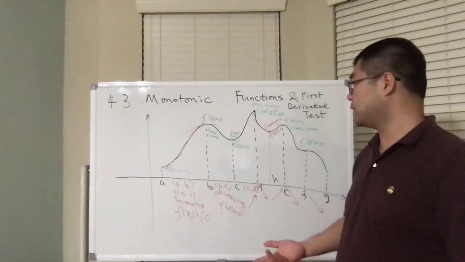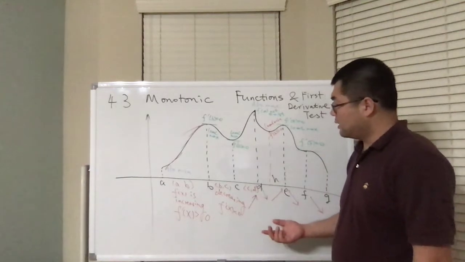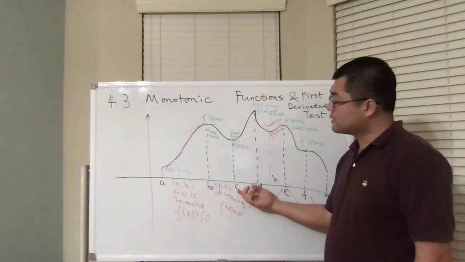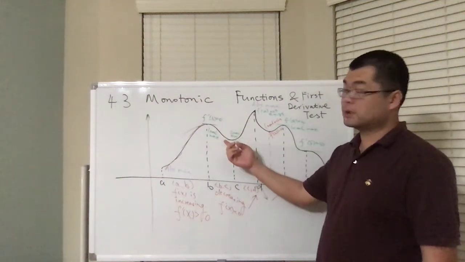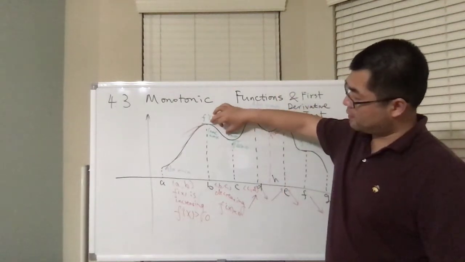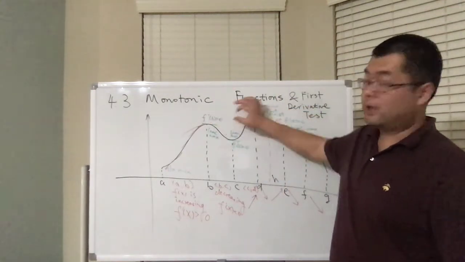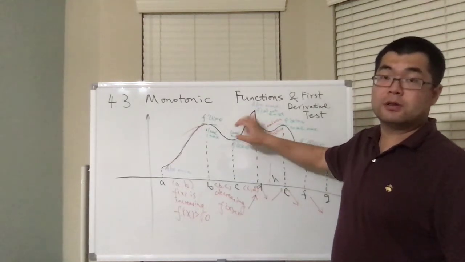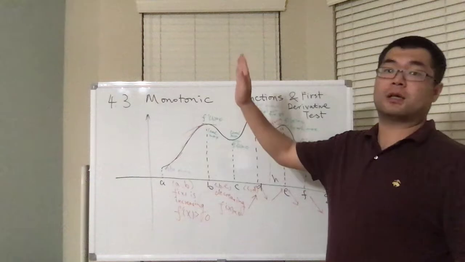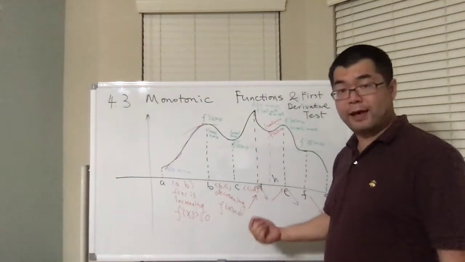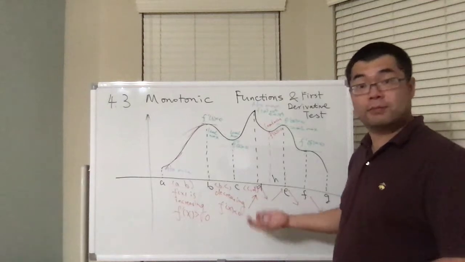So this is pretty easy to understand. We can also look at point C here. The function is decreasing and then increasing. In other words, at this part the derivative is less than 0, and then at this part the derivative becomes greater than 0. So it's going down and then climbing up, forming a valley between mountains.